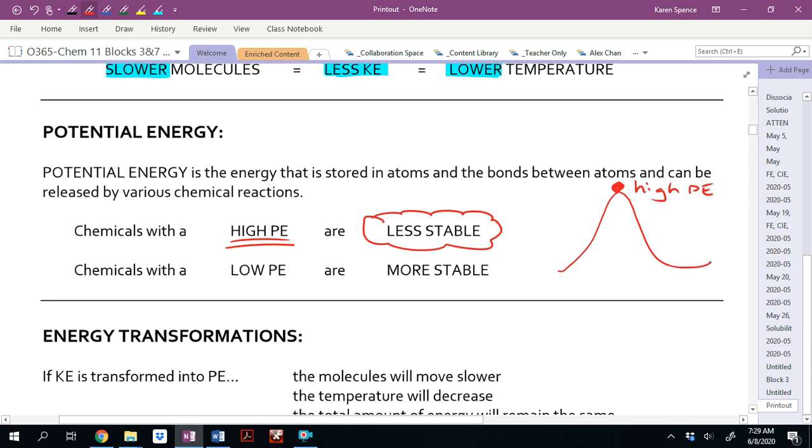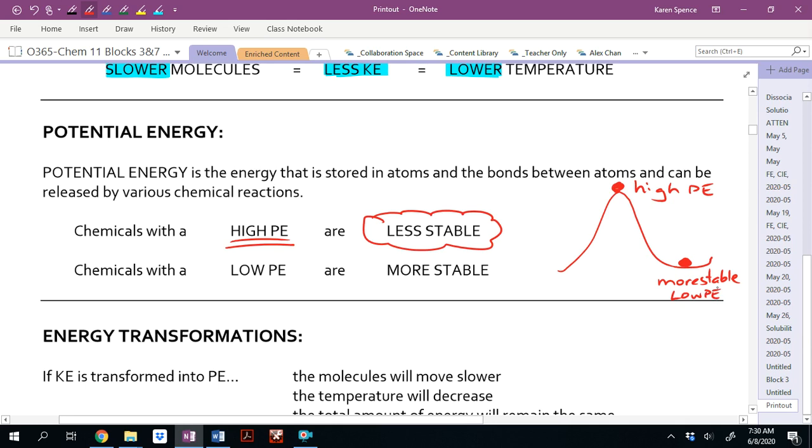Chemicals with a low potential energy, just like a ball at the bottom of the hill, are more stable. The ball at the bottom of the hill is at a low potential energy.